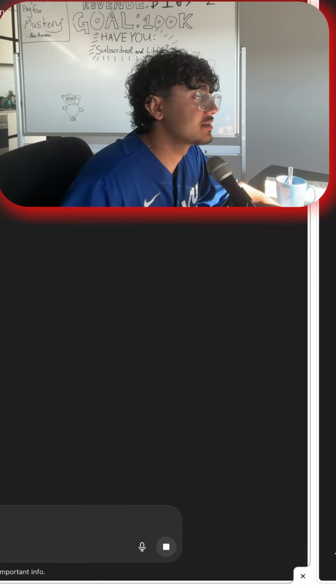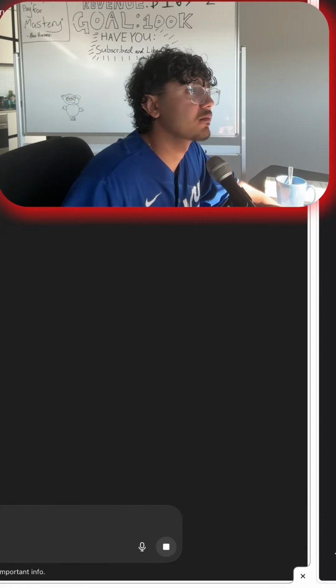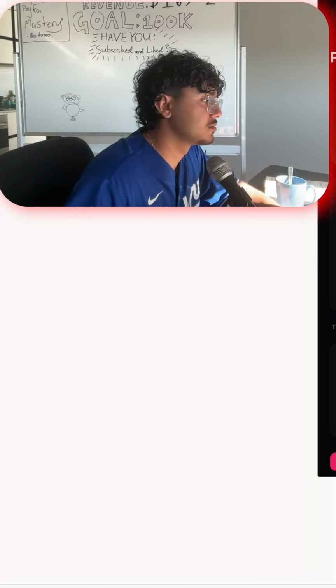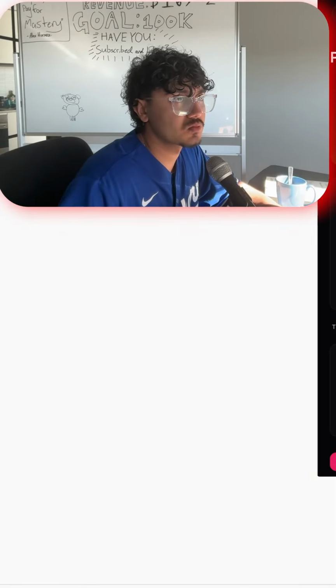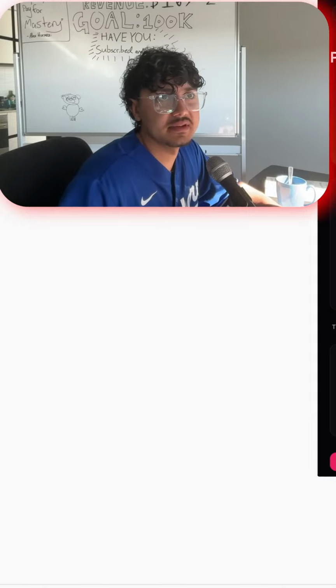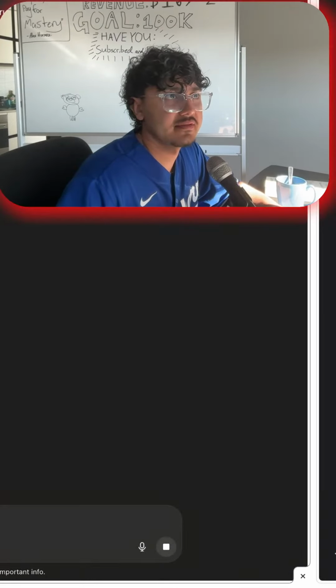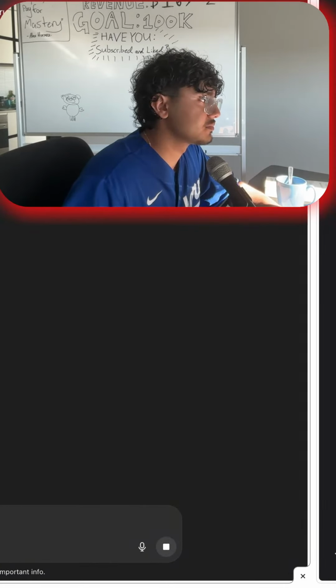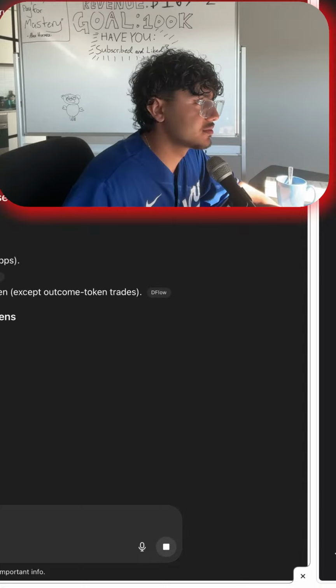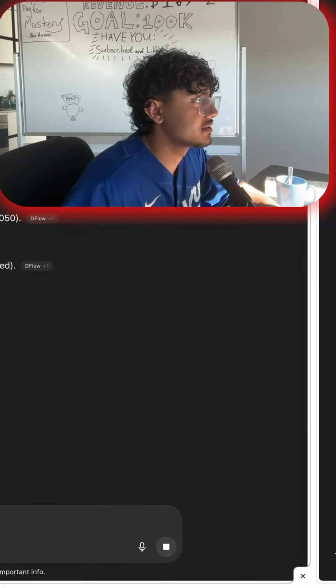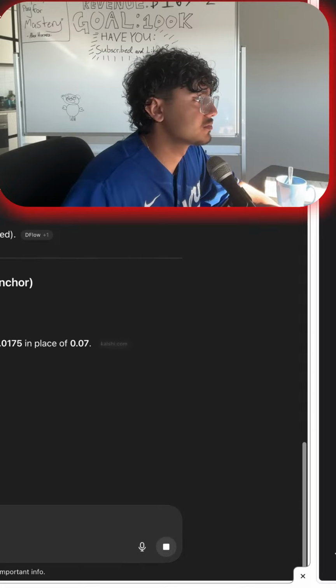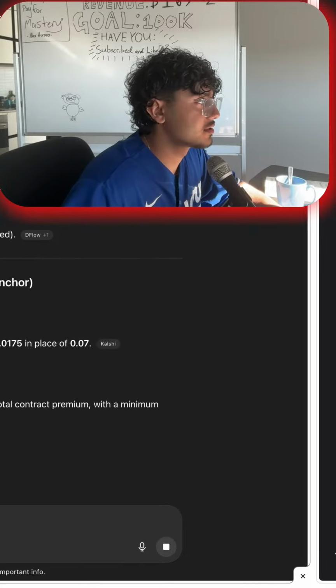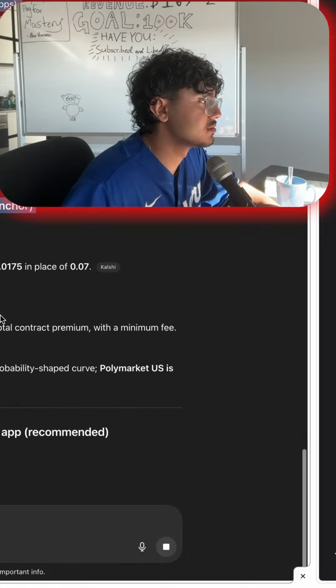I mean, it's thinking for longer. The other thing is I need to figure out how to do the APK files. Okay, so it's looking. Below is a practical way to design Sway's fee model using what your execution layer dflow actually supports, plus what the incumbents do. All right, I'm going to copy this into Gemini.